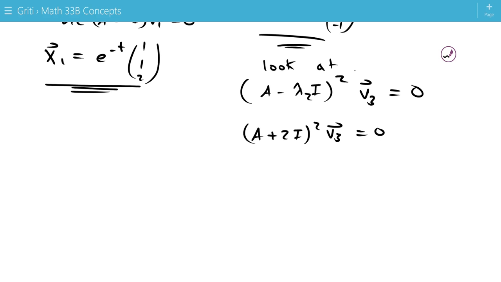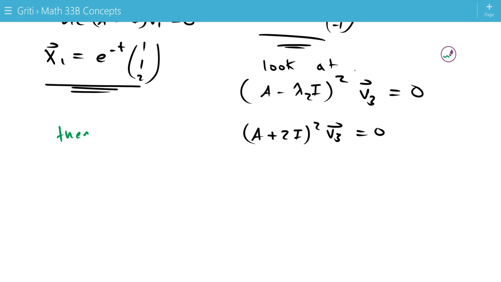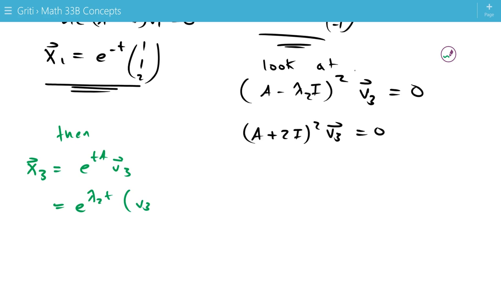And then, if we do this, we'll get a third solution, x3, which equals e to the tA v3. In that case, this will be e to the lambda 2 t times v3 plus t (A minus lambda 2 I) times v3. Everything else beyond that truncates because this will be 0.